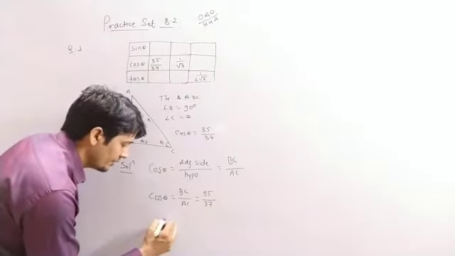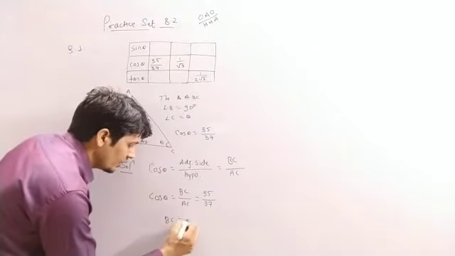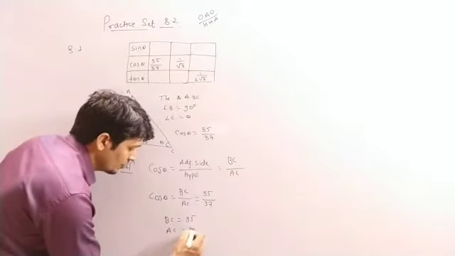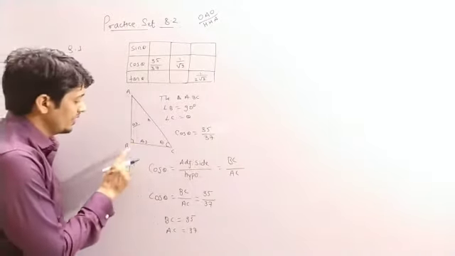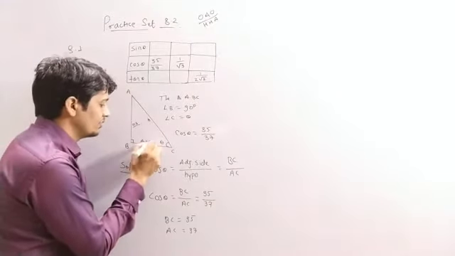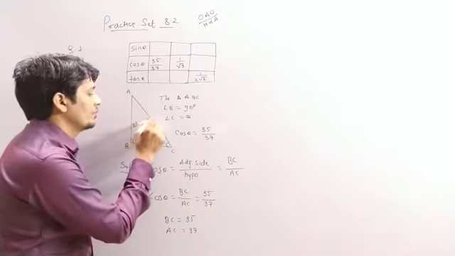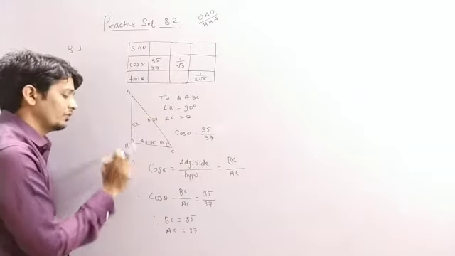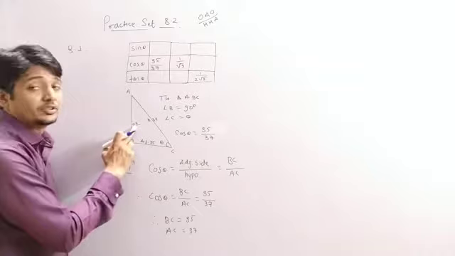Therefore, BC equals 35 and AC equals 37. So we have adjacent side 35 and hypotenuse 37. Now we have to derive the value for the opposite side.